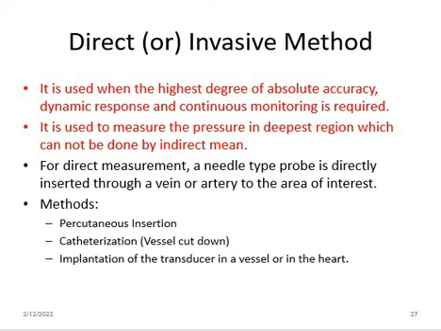And the third one is implantation of a transducer in a vessel or in the heart. If you look at the above three methods, all are utilizing an operation. Operation is needed. That is why it is called the direct method, invasion method.